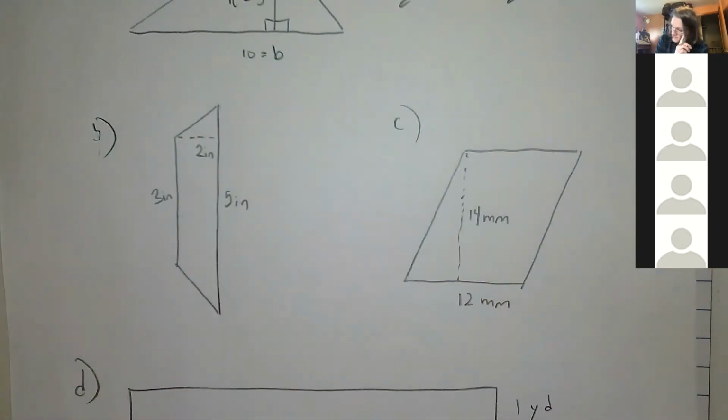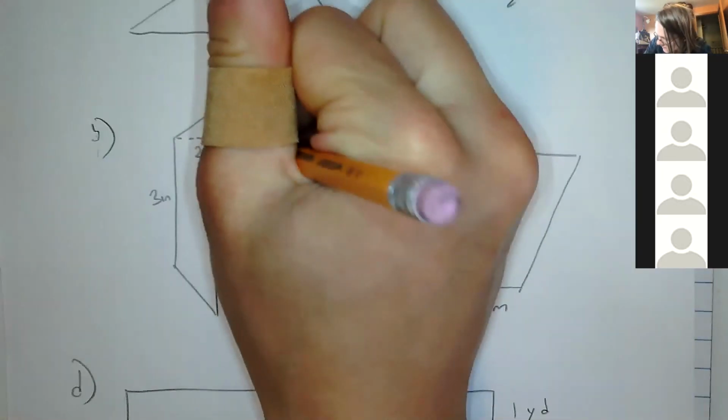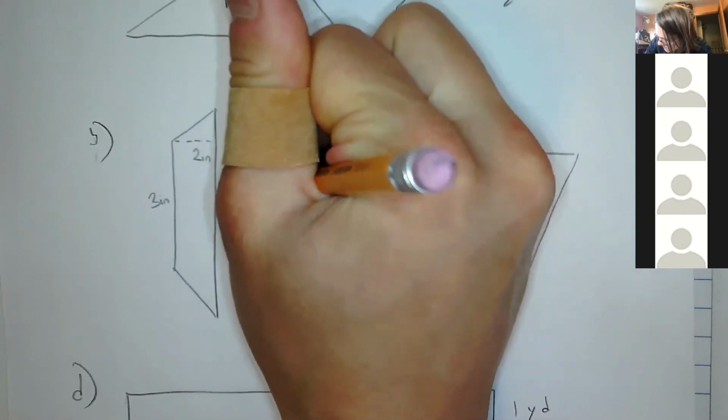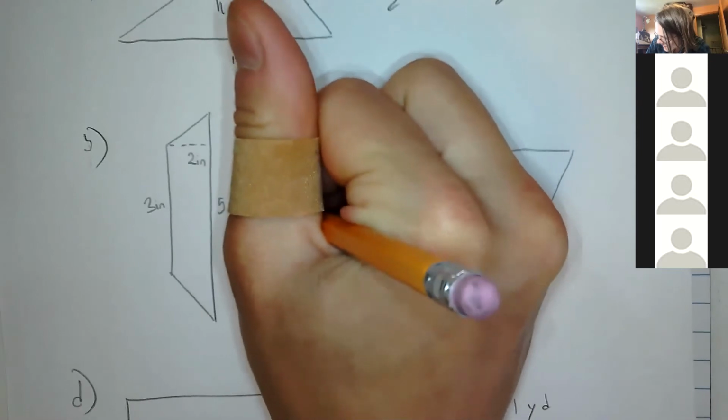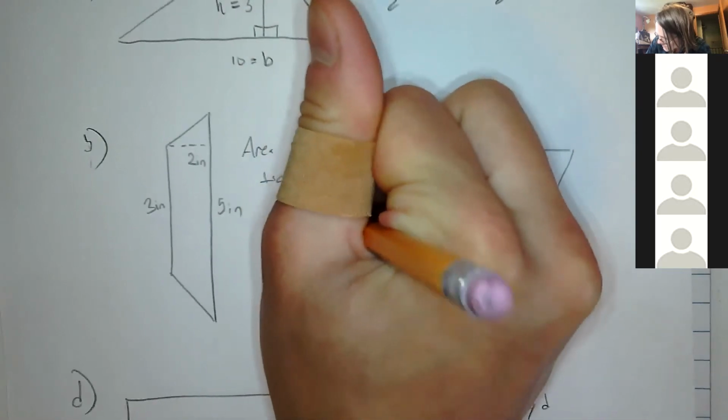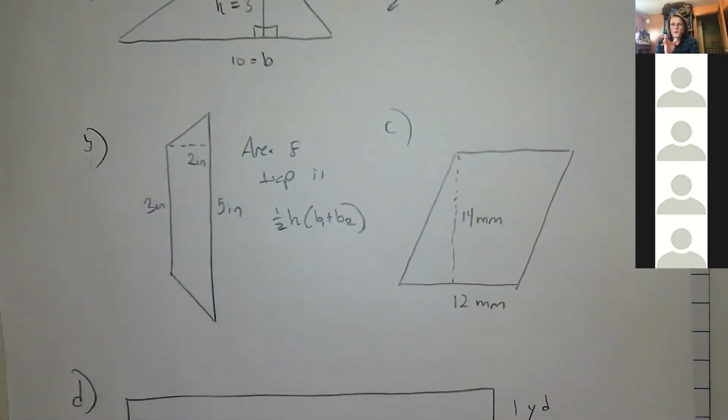So we said that the area of a trapezoid is 1/2 H (B1 plus B2), right? So B1, at least the way I gave it earlier, was the length of the top, and the B2 was the length of the bottom.